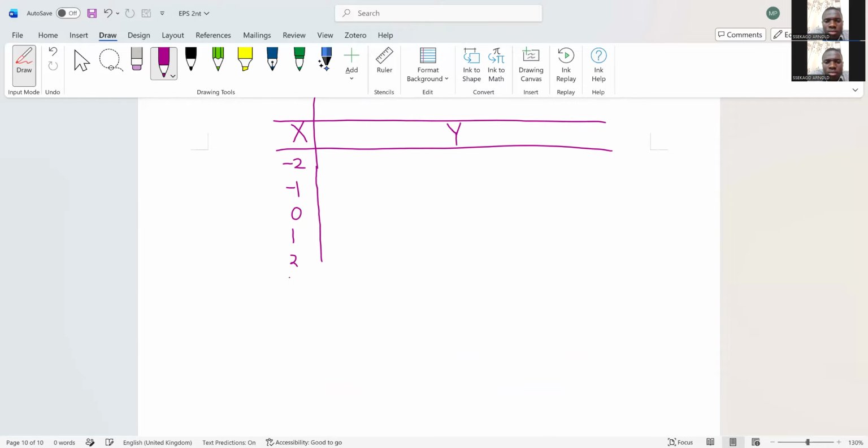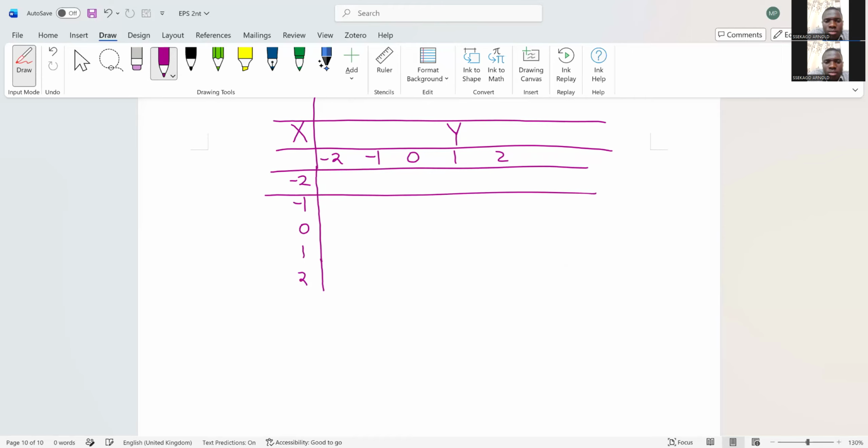Those are the values of x. Then y, I think I should put this down, otherwise I am going to confuse myself. So x is -2, -1, 0, 1, 2. Then y is -2, -1, 0, 1, 2. So this is our table.